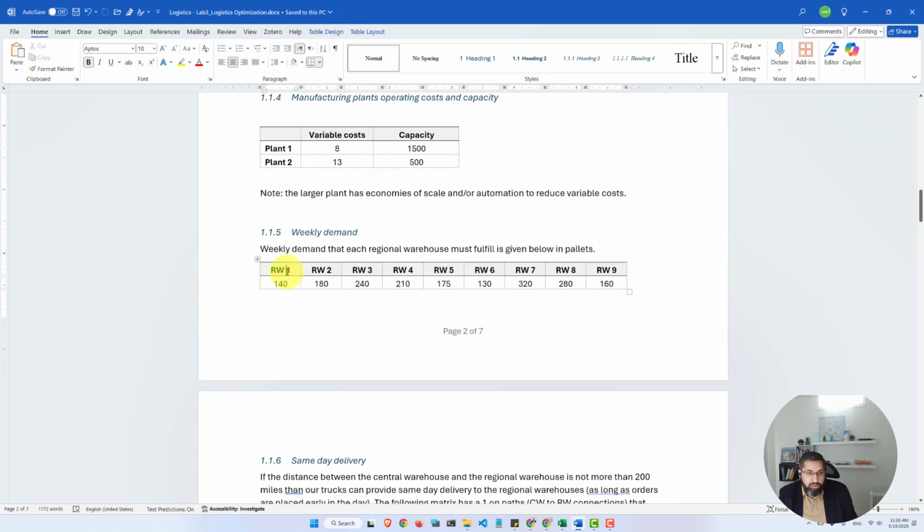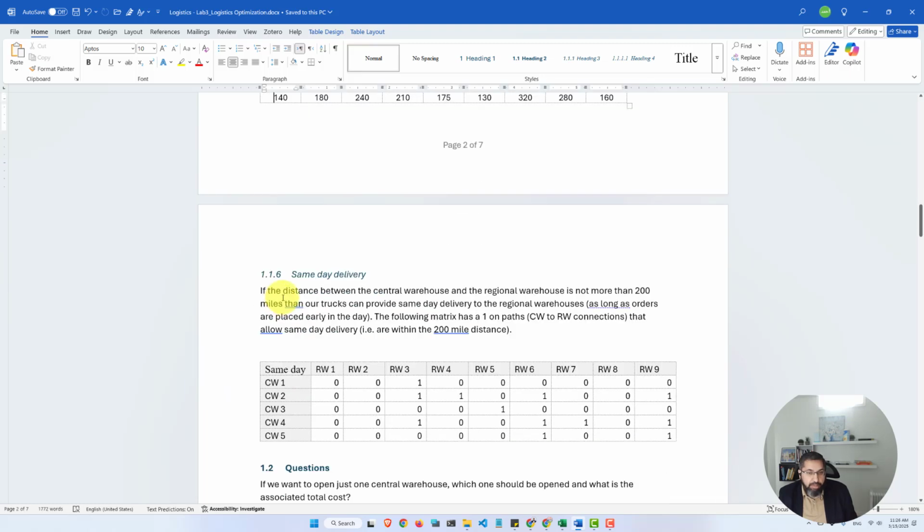So if regional warehouse 1 runs out of stock, and if they call us in the morning, we want to be able to replenish them by evening of the same day. And that can happen if we are within 200 miles of that regional warehouse from our central warehouse. So this matrix basically tells us which central warehouses are within 200 miles of which regional warehouses.